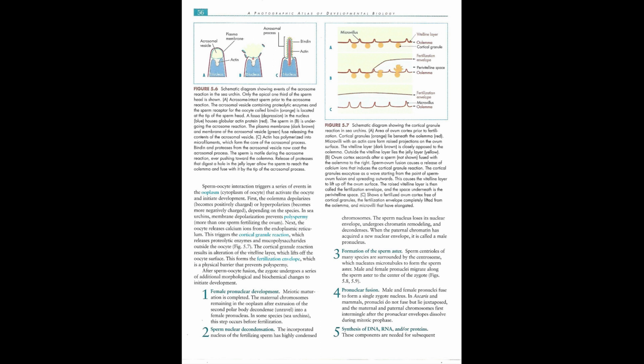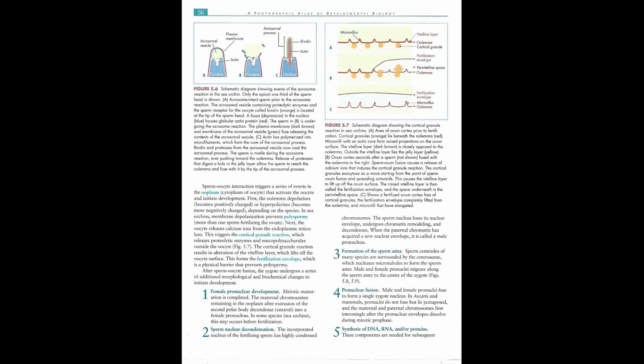Next, the oocyte releases calcium ions from the endoplasmic reticulum. This triggers the cortical granule reaction, which releases proteolytic enzymes and mucopolysaccharides outside the oocyte, Fig 5.7. The cortical granule reaction results in alteration of the vitellin layer, which lifts off the oocyte surface. This forms the fertilization envelope, which is a physical barrier that prevents polyspermy.